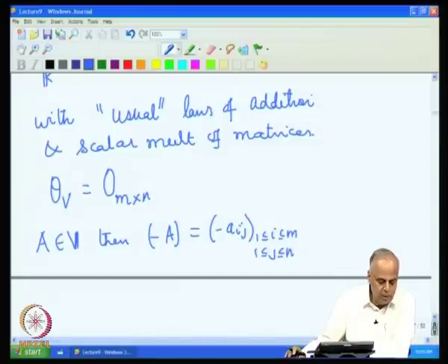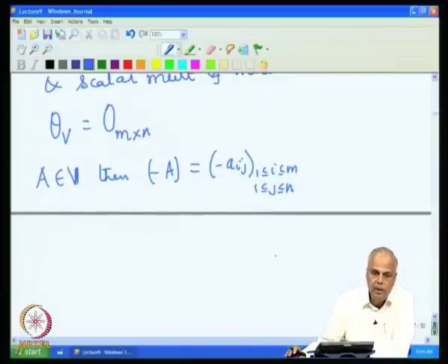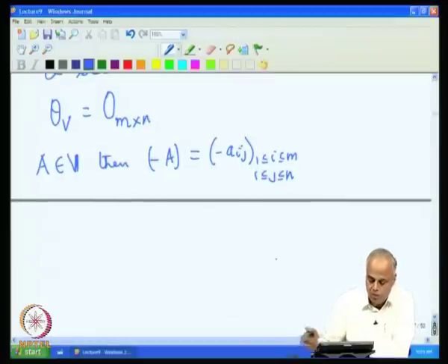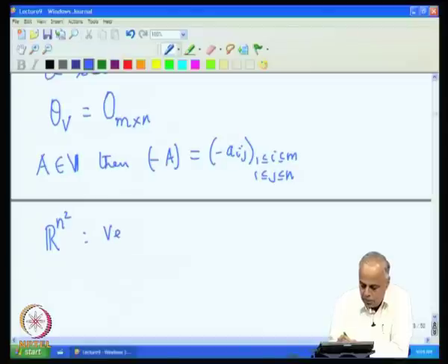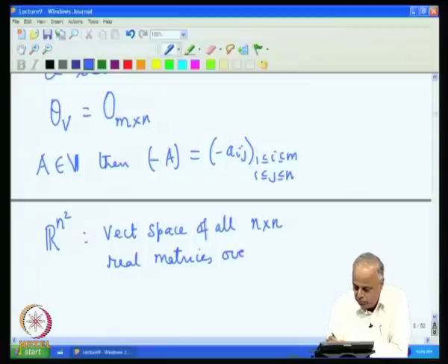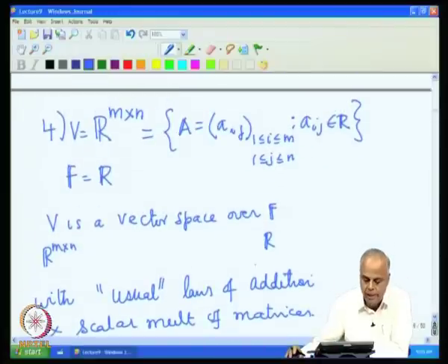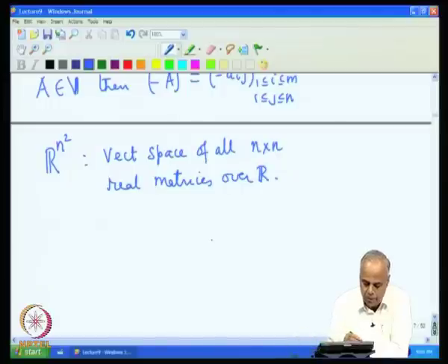So, we have the vector space of all m by n real matrices. In particular, if we take m equal to n, we get the vector space of all square matrices. So, R^(n squared) is the vector space of all n by n real matrices over the field R. Analogously, just like we took R here, we can take complex numbers.